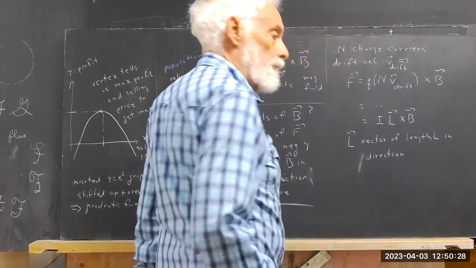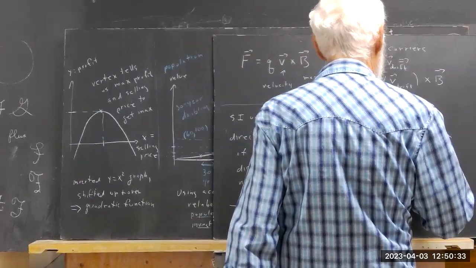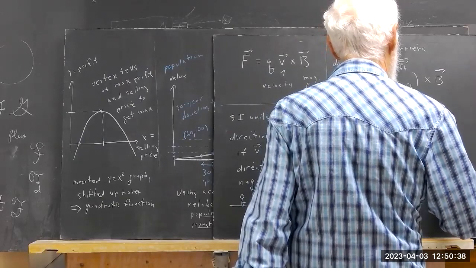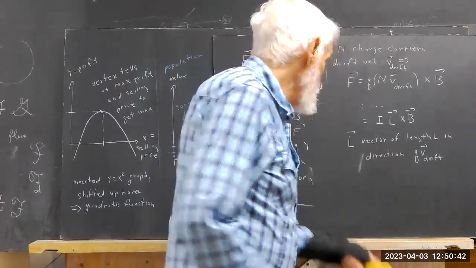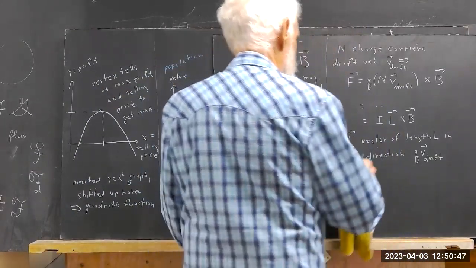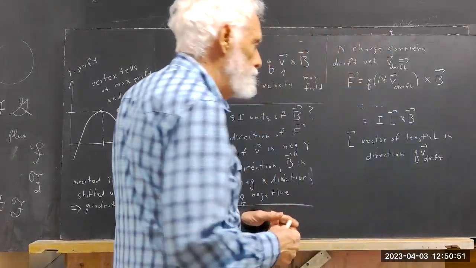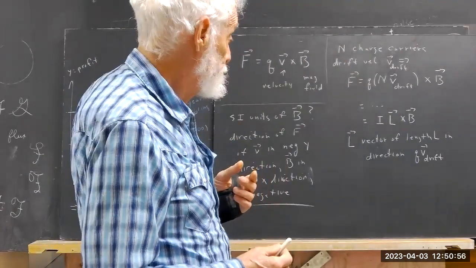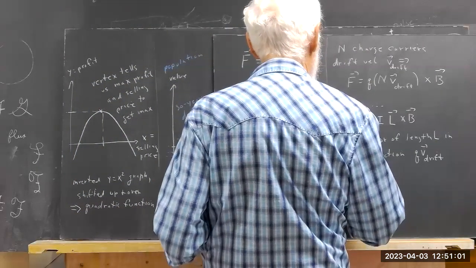So it's a vector of length L in direction of two charge times the drift velocity. So this is the force.